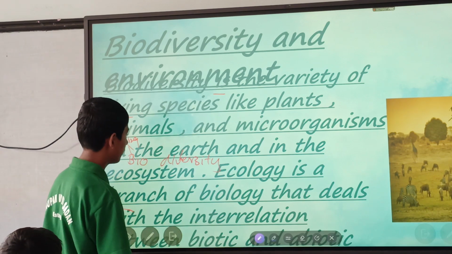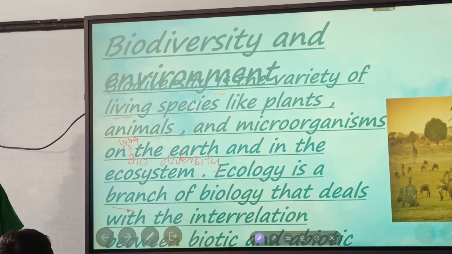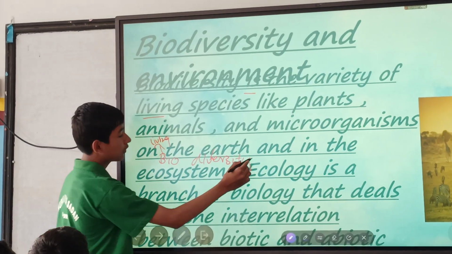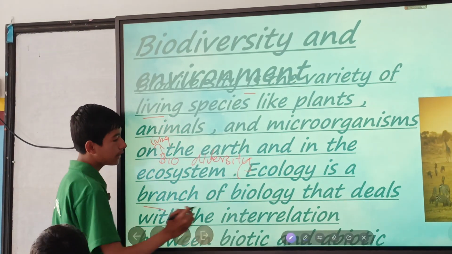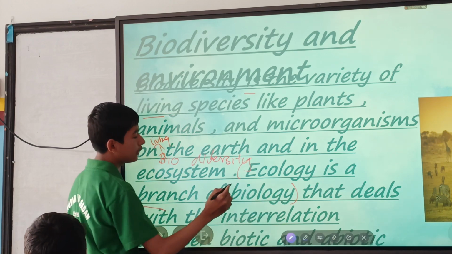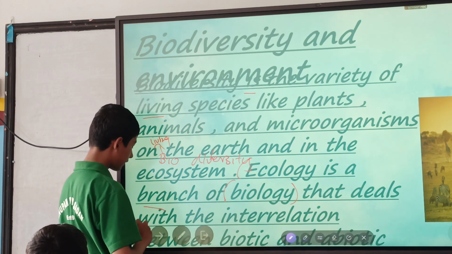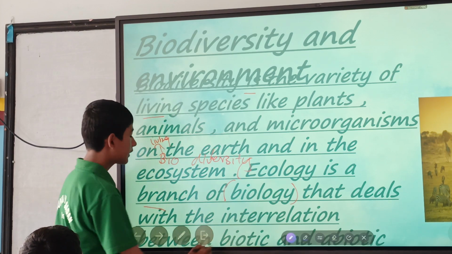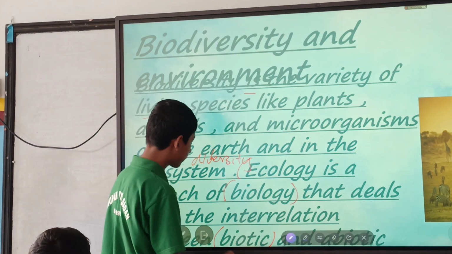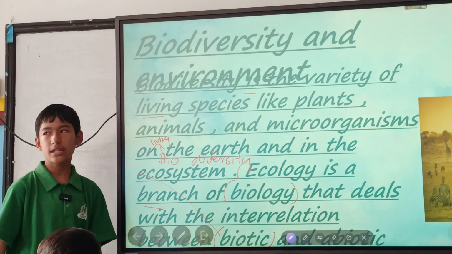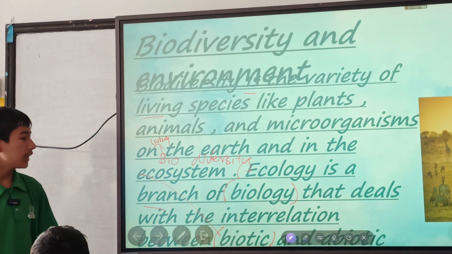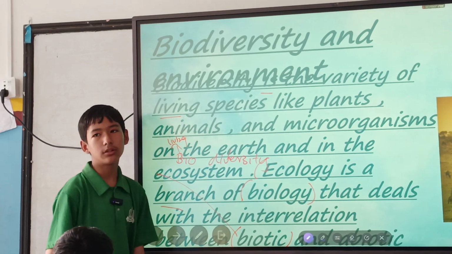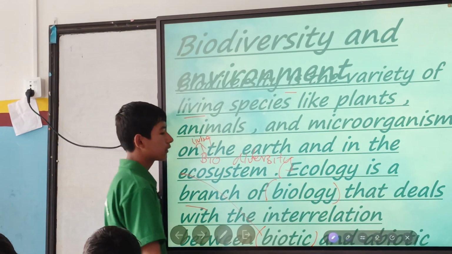Ecology is the branch of biology that deals with the interrelationship between biotic and abiotic components. Biology is a subject of science. Biotic components are those factors of biodiversity in which living species are found, and in abiotic components the non-living things are found.